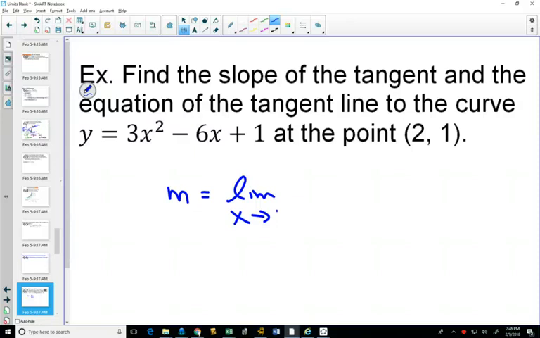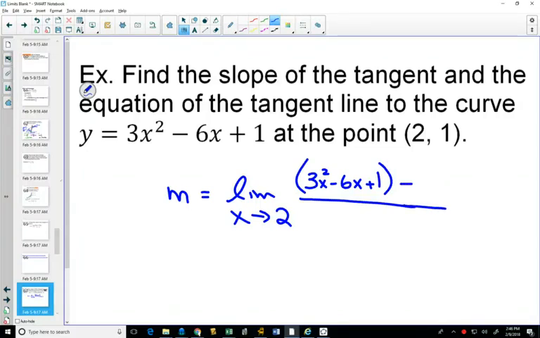So as x gets closer to 2 of f of x, which is 3x squared minus 6x plus 1, minus f of 2, f of a, but a, we're getting close to 2. Can you see that this is equal just to 1? All over x minus 2.